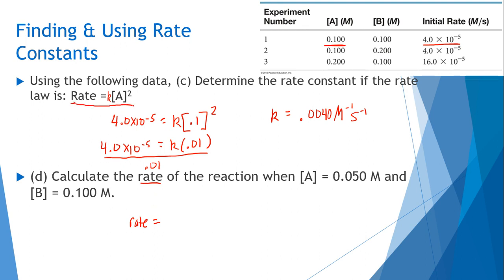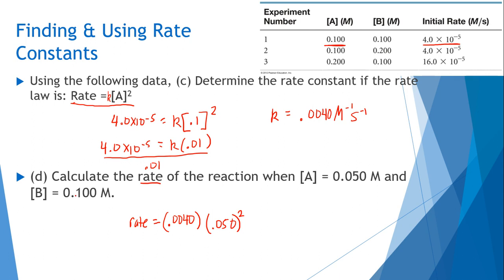I'm using this equation up here in case anyone was confused. My k I found to be 0.0040 times my concentration of A. So my A was 0.050, and we're going to square that number.